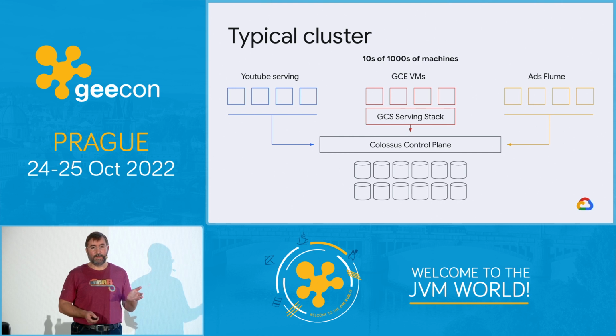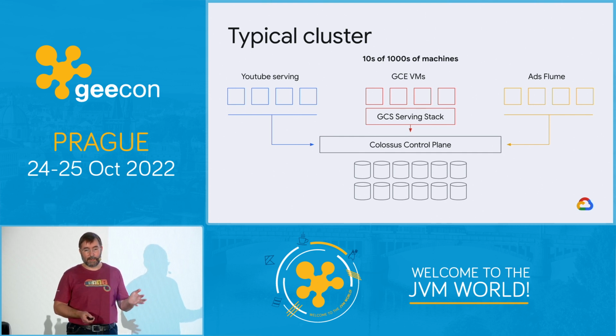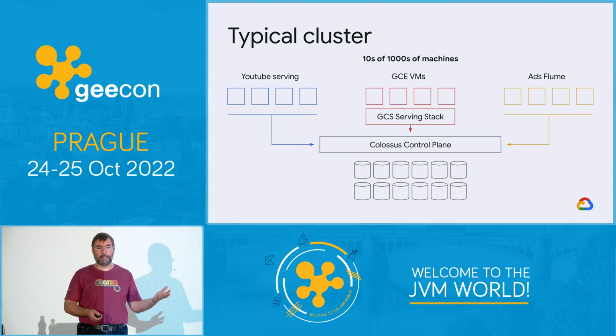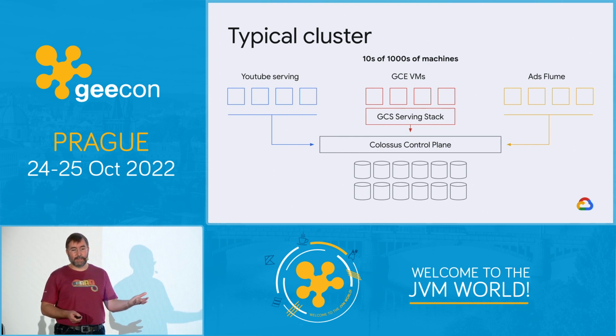Also GCE VMs, like Google Compute Engine VMs, through the GCS control stack are going to be interacting with the same Colossus control plane, and also our internal ads pipeline is going to be interacting with the same Colossus control plane, and they are going to have a unified abstract request: I want that much storage, and I want that storage to be that resilient against failure, and I want that storage to be encoded in that particular way, and please supply me with that storage. And then Colossus would be responsible for giving you this storage.